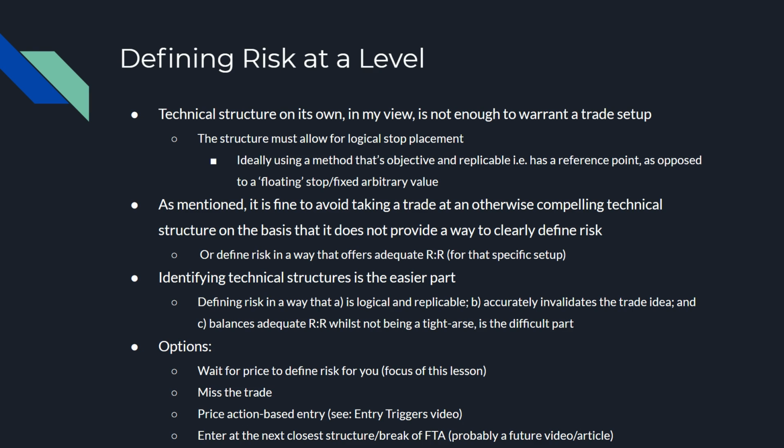There are a lot of resources in the risk management guide and in the different articles I've written on stop placement logic. But I tend to believe that your stop should reflect your trade idea, right? And your stop loss should be in a position where, if it's hit, your trade idea is most likely no longer valid. That's why I've put fixed arbitrary value here.